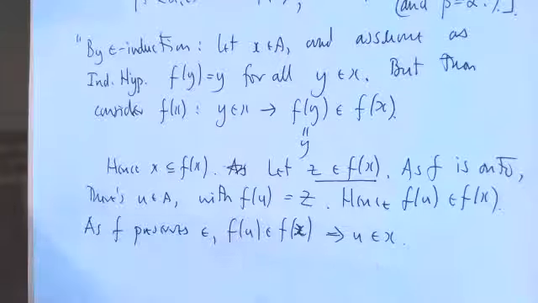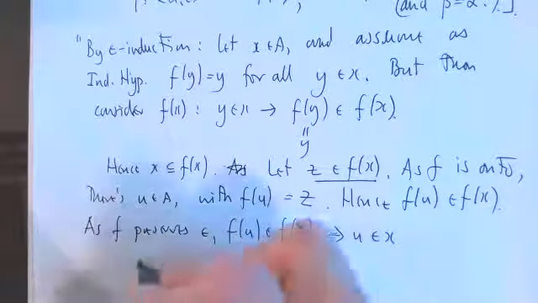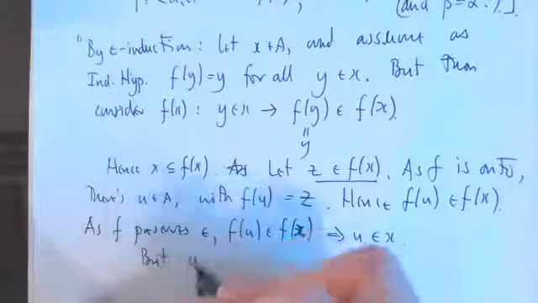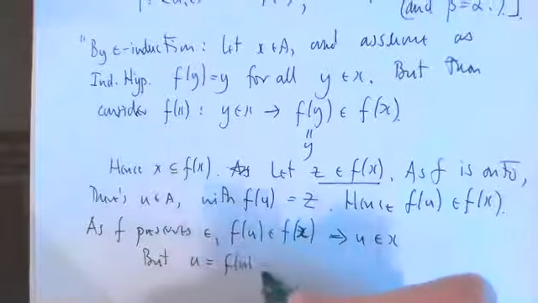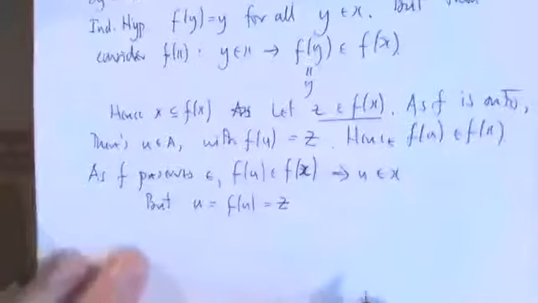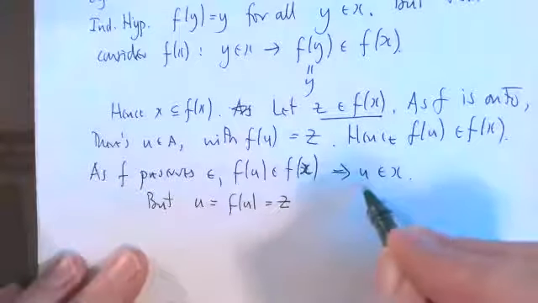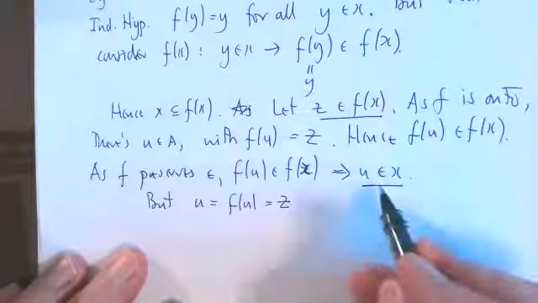But u is f of u, by the inductive hypothesis, because u is epsilon below x.